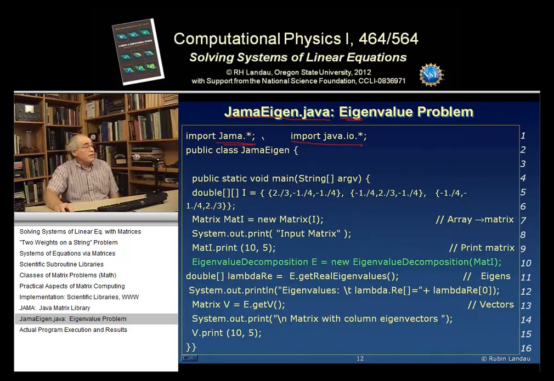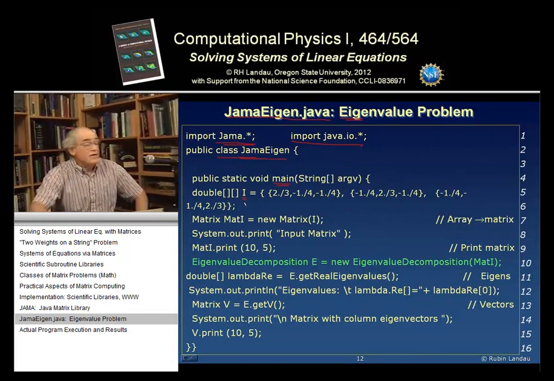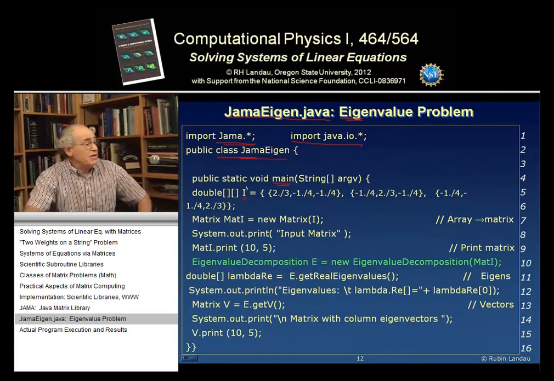So here's our program, JAMA eigen. It defines the class JAMA eigen, and all it has here is a very simple class. It's just a main method. So the usual main method. And now we're doing the same as we saw previously. We're taking an array. Here we're calling it I, not being the identity here, but being the moment of inertia for some problem.